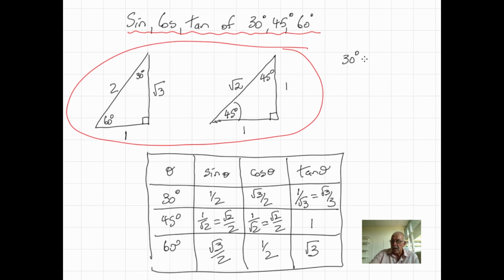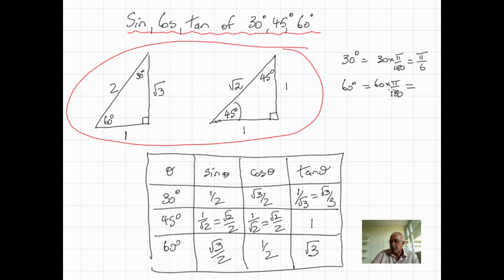So 30 degrees equals, to convert degrees into radians, we multiply it by pi on 180, so that'll be 30 times pi over 180. And it is conventional just to leave the pi in it. 30 into 180 goes 6, so that's just pi on 6. 60 degrees will be 60 times pi on 180.